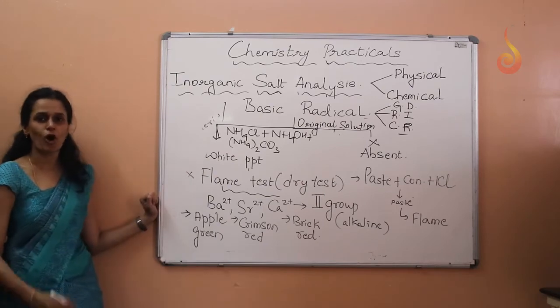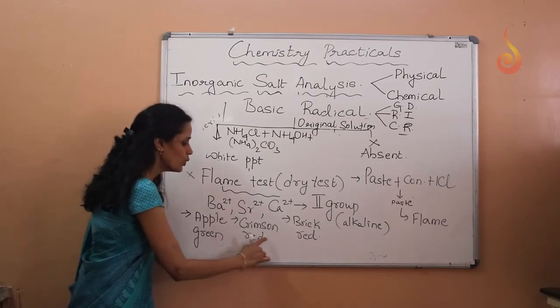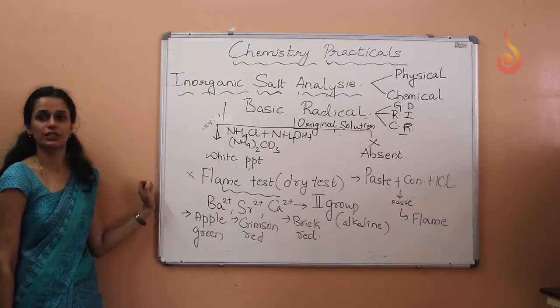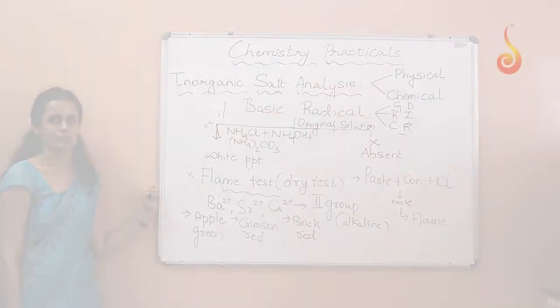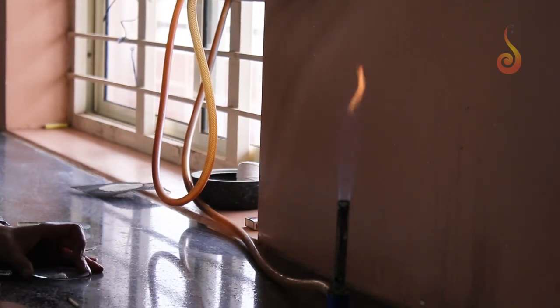Now we'll perform the flame test so that we get to know what kind of color we observe for all these three radicals. So now we are performing the flame test.